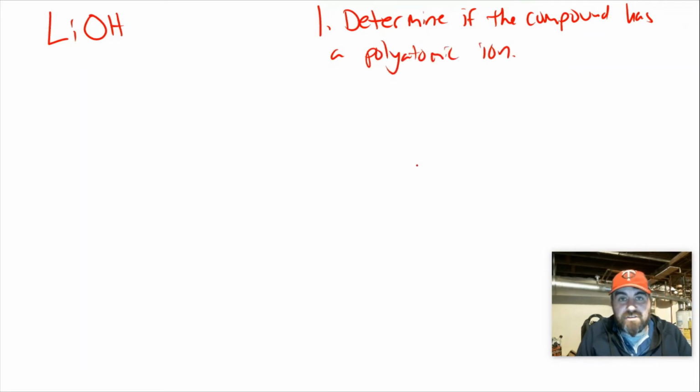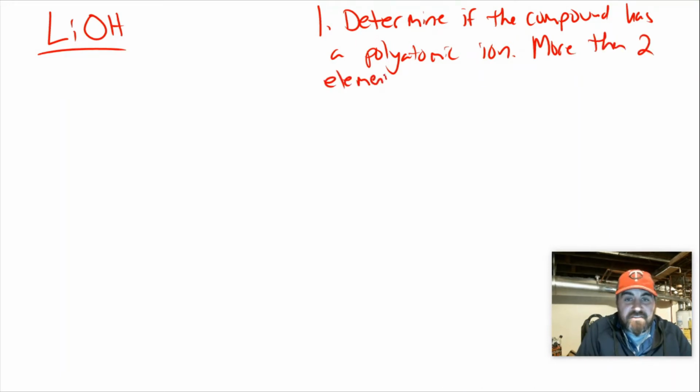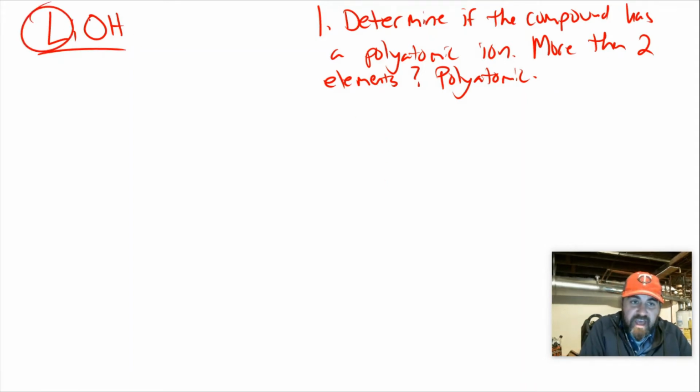Do you want to know how you determine it? Look here. If there are more than 2 capital letters, if there's more than 2 elements, there is a polyatomic ion. See how this one has Li, it has O, and it has H. It has 3 elements. Therefore, it has a polyatomic ion.